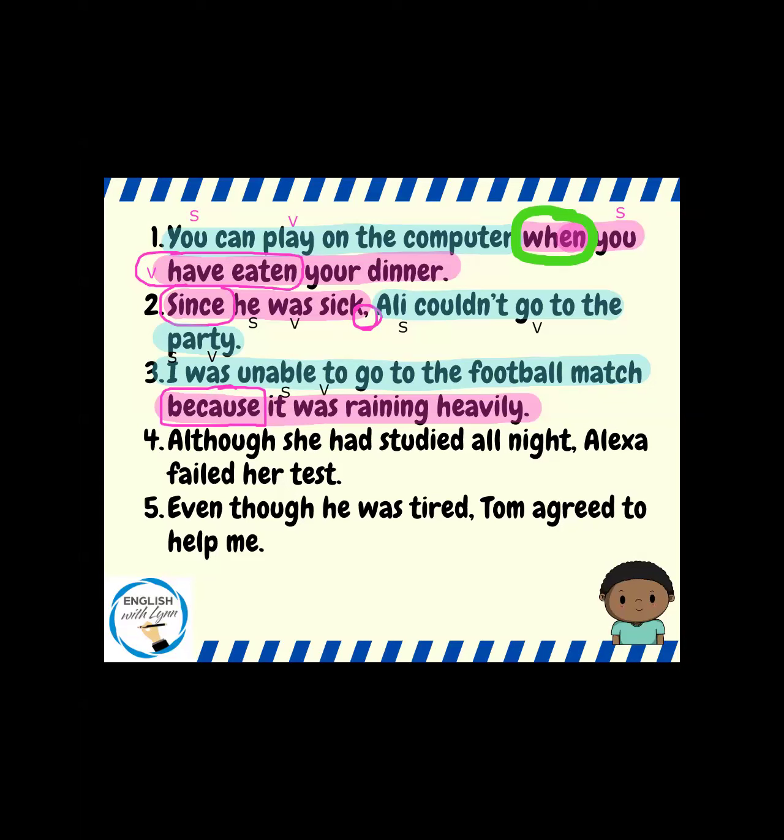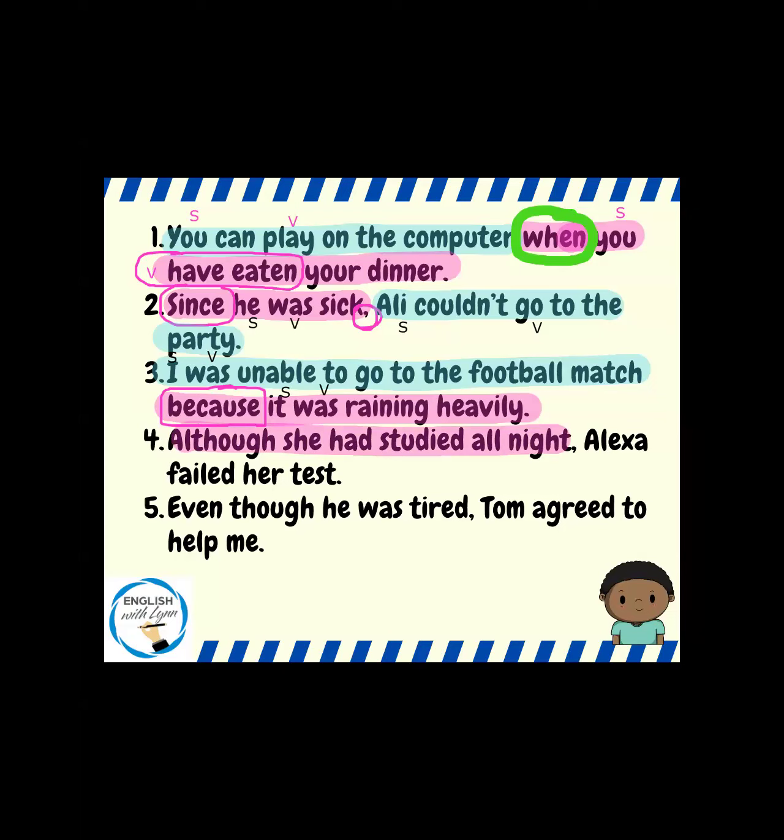And then in number 4, I need to have a look, and I need to find my verb. I've spotted a comma, so I think I know what's happening here. So I need to have a look, and yes, my conjunction is at the beginning of the sentence. So let me just find my highlighter. So although she had studied all night is my subordinate clause, because it doesn't make sense if I say although she had studied all night.